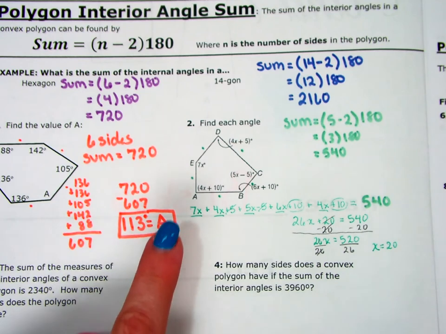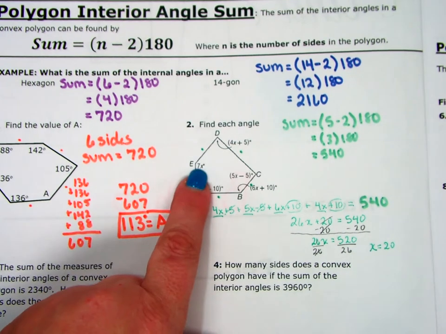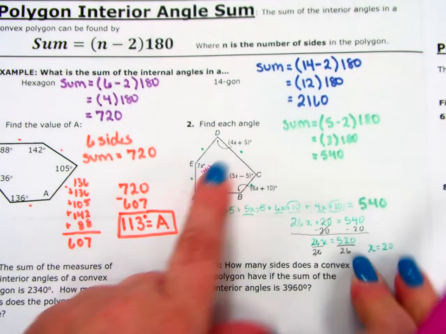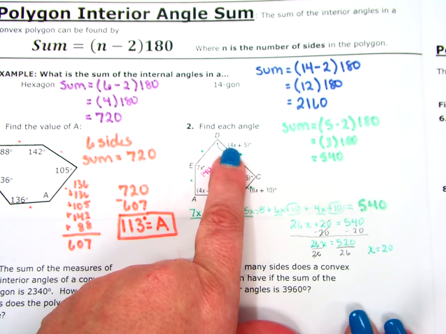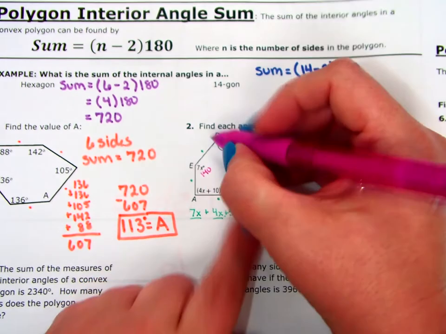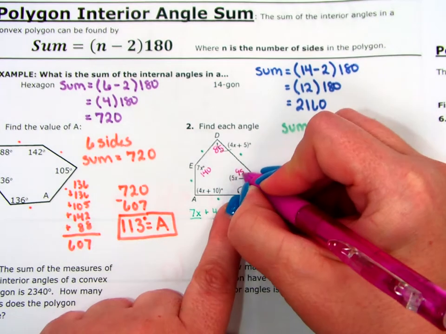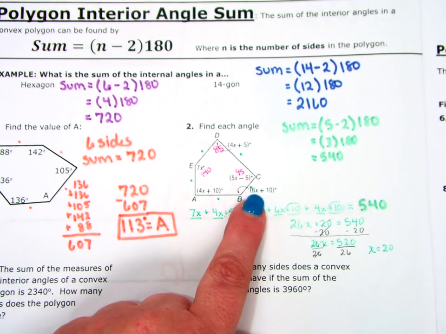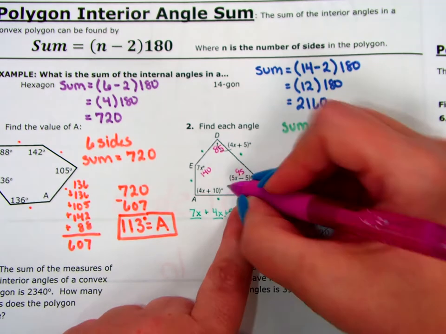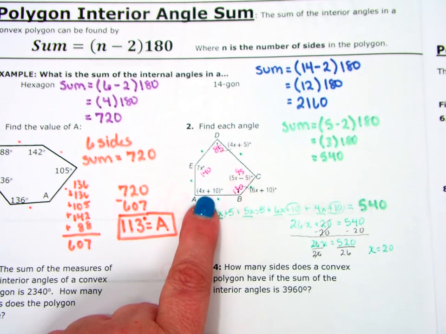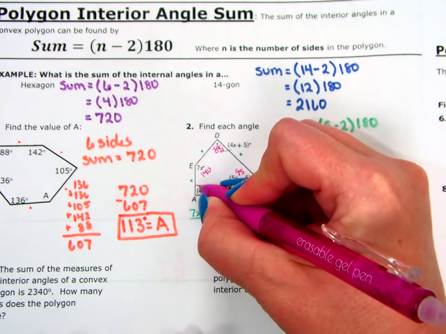So when I do that, what do I get for 7 times 20? 140. 4 times 20 is 80, plus 5. 5 times 20 is 100, minus 5, 95. 6 times 20 is 120, plus 10, 130. 4 times 20 is 80, plus 10, 90. So this I could just put a little box there if I wanted, right? That's the right angle.